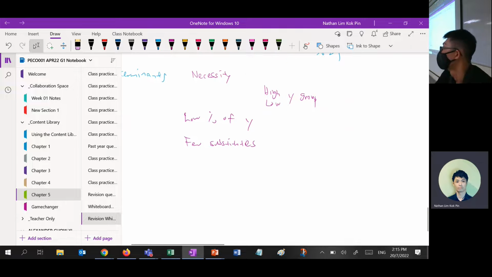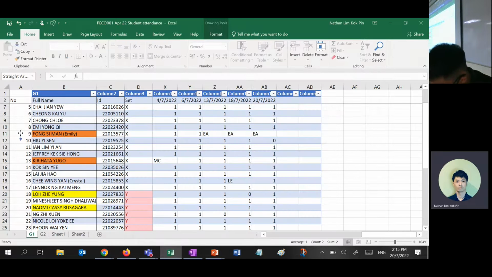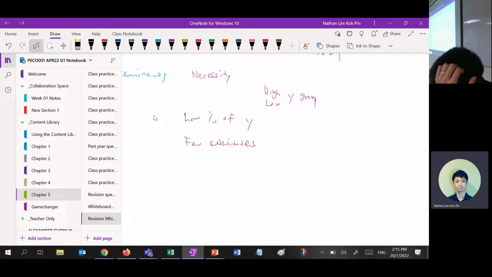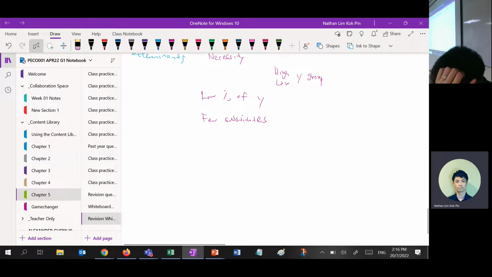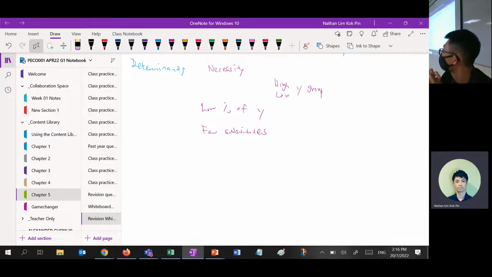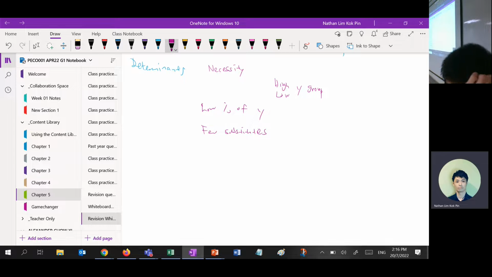Let me test you. Emmy, can you give me one more factor for elasticity? For inelastic? Other factors? What other factors are inside PED? Not production.